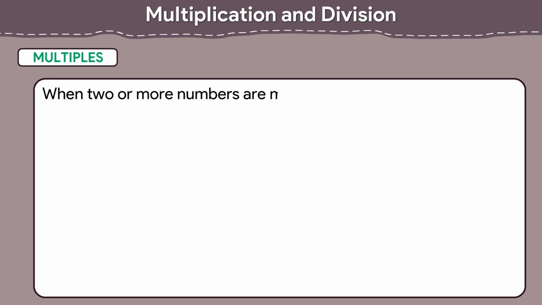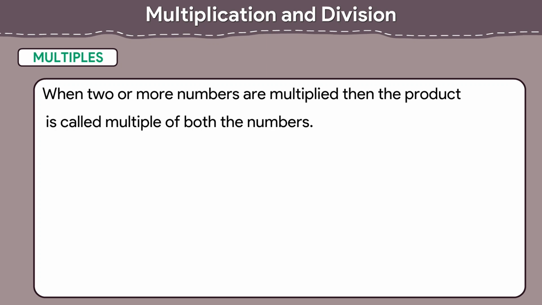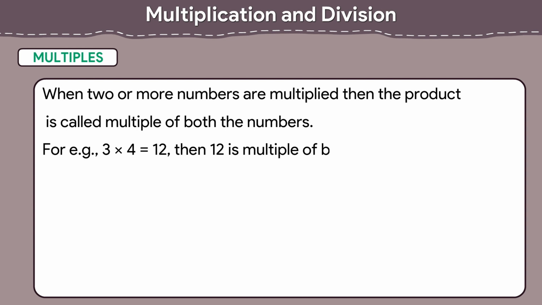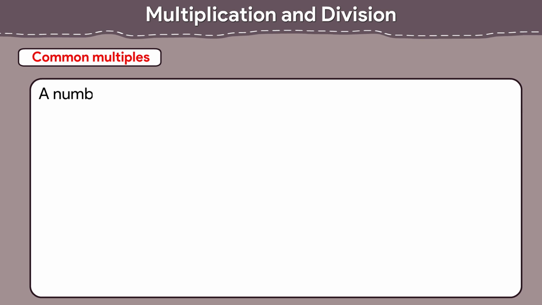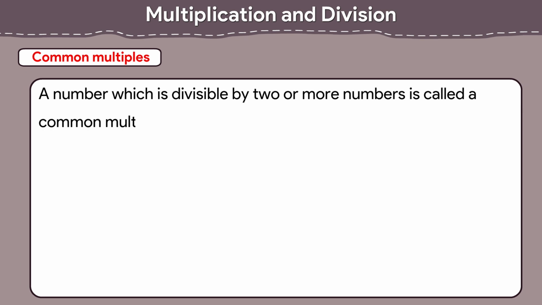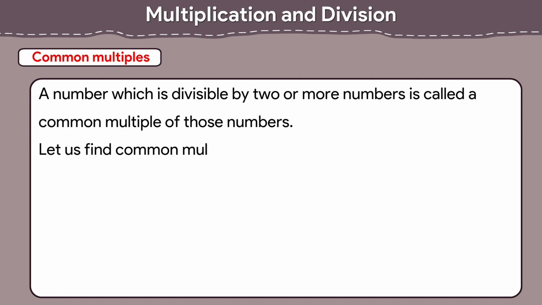Multiples. When two or more numbers are multiplied, then the product is called a multiple of both the numbers. For example, 3 times 4 equals 12, then 12 is a multiple of both 3 and 4. Common multiples. A number which is divisible by 2 or more numbers is called a common multiple of those numbers. Let us find common multiples of 4 and 6.